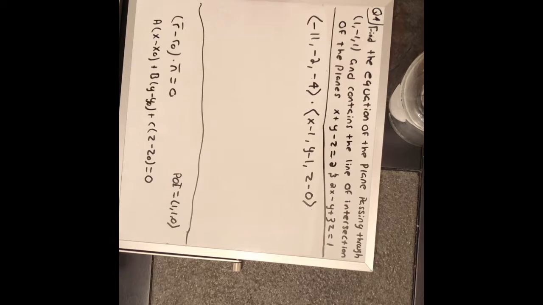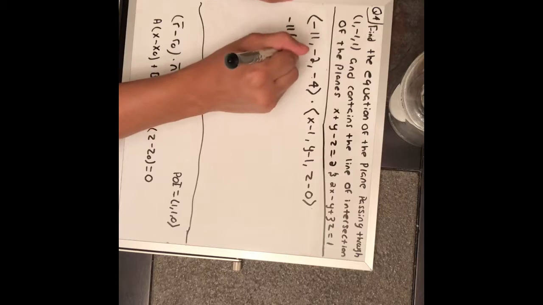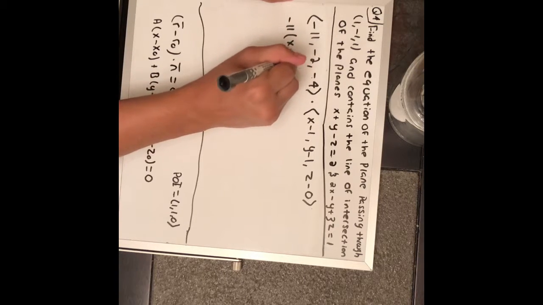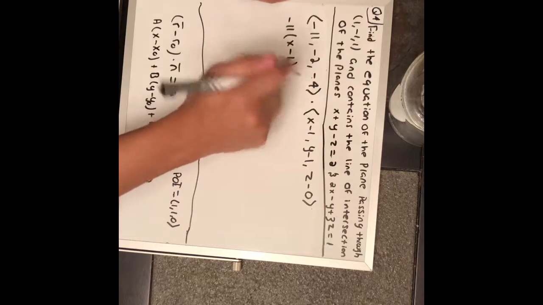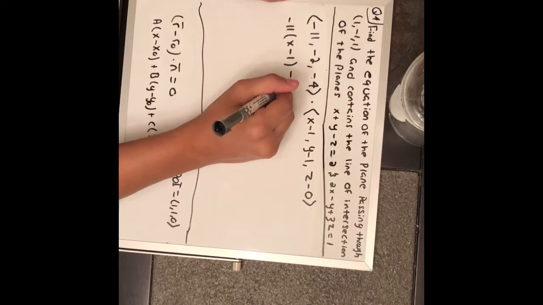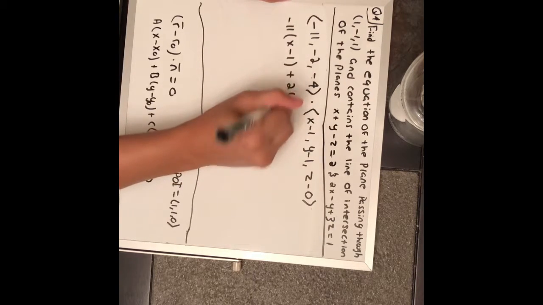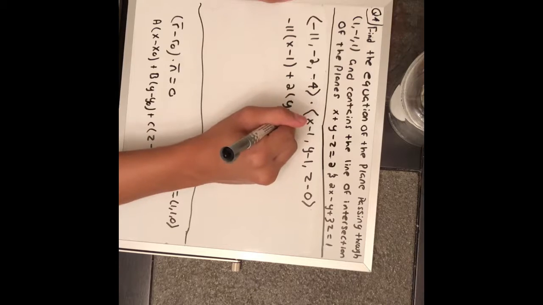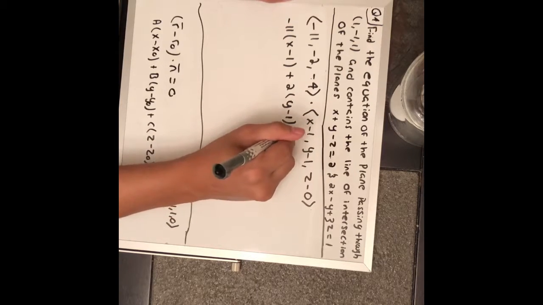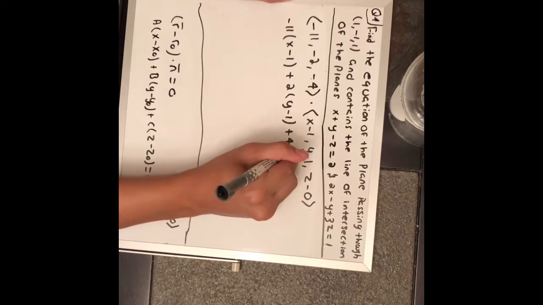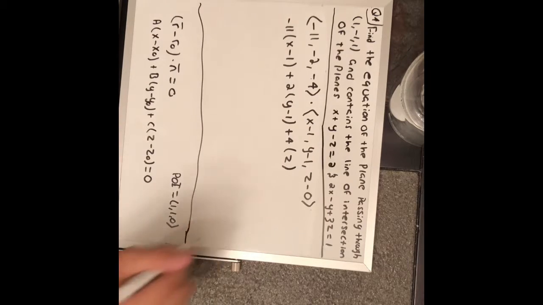So we can rewrite this as -11(x - 1) minus, in this case plus, because that's a negative 2, plus 2(y - 1). Same thing applies here, so plus 4z, all equal to 0.